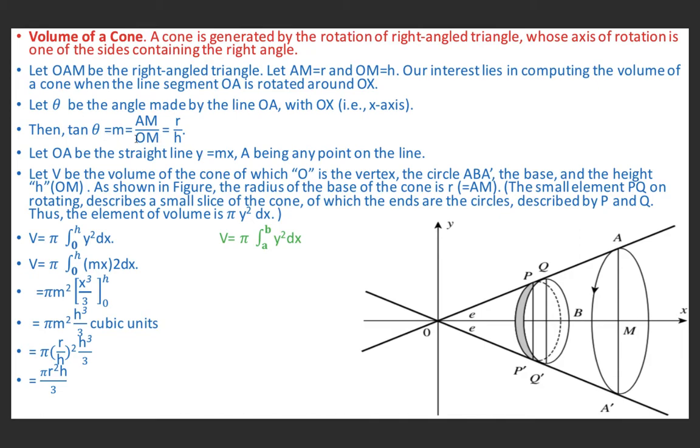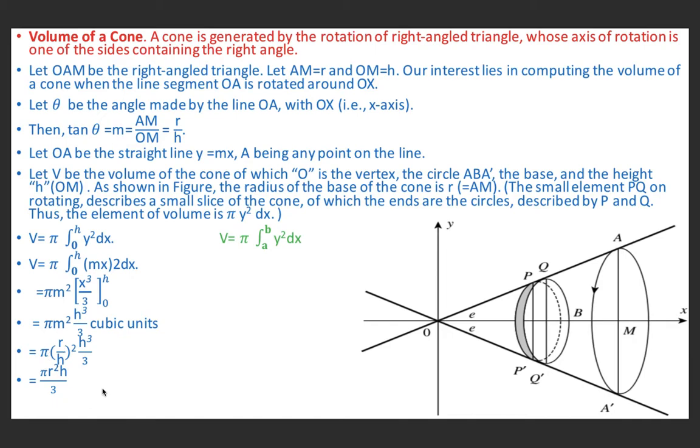M is the slope of the line, AM is r, OM is h. So m is equal to r upon h. So pi times r upon h whole square, times h cube upon 3. If you simplify this, this is h square, this is h cube, so we are left only with h. And this is pi, this is r square, h upon 3.